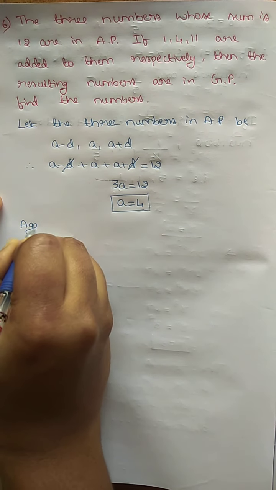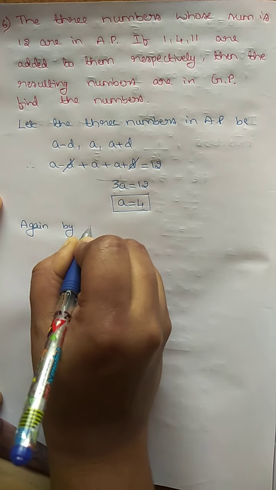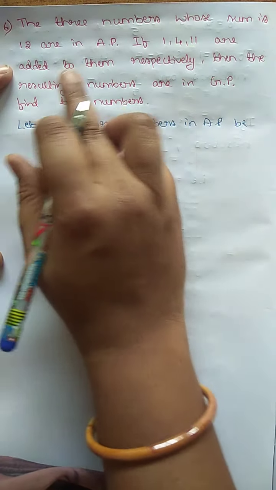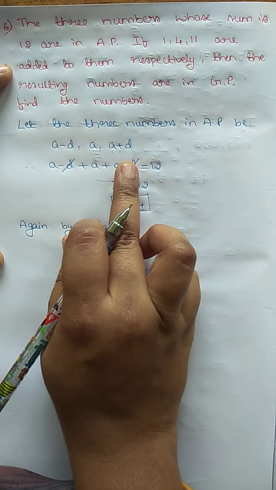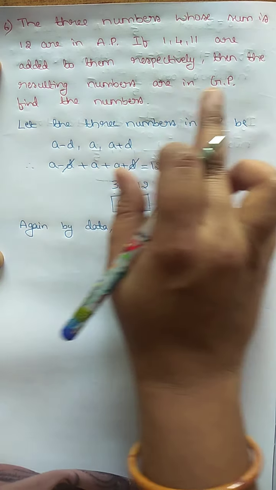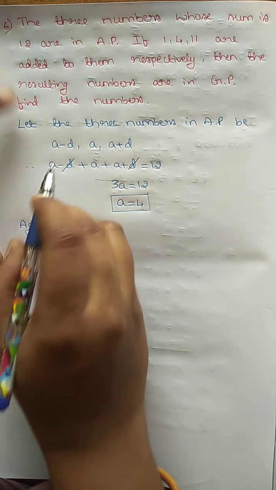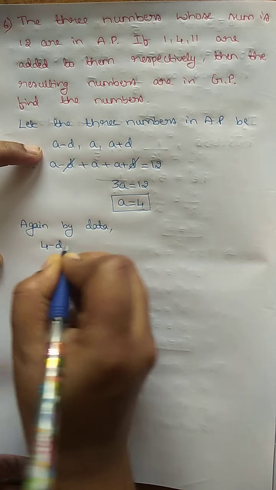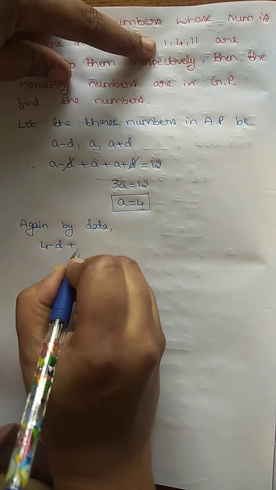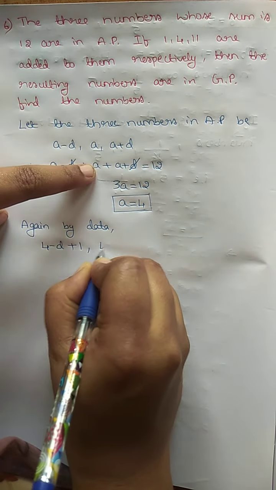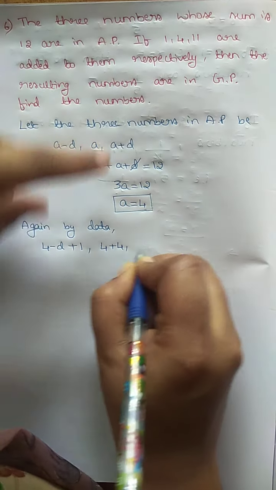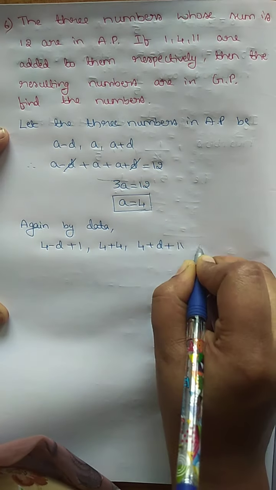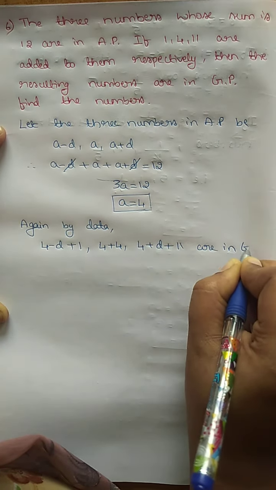Again, by data, if 1, 4, 11 are added to these numbers, then the resulting sequence is in GP. A minus D, where A is 4: 4 minus D plus 1, 4 plus 4, 4 plus D plus 11 are in GP.